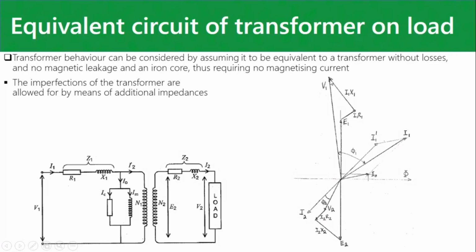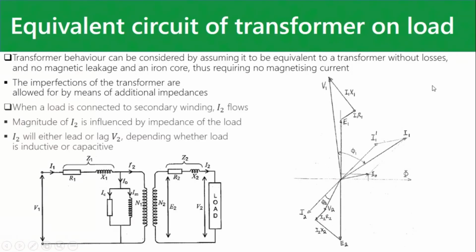So if we go on load, all right, we can see this very involved looking phasor diagram, hey? If you look at V1, see there's the difference between E1 and V1, because of the volt drop across the reactance and the resistance of the primary. And the same thing, V2 and E2 aren't equal when you unload.